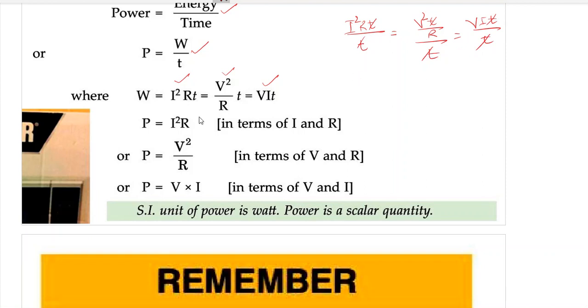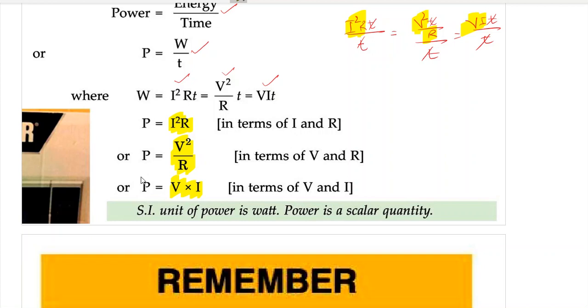So three formulae for power are, the first one is I square R, as we saw here. The second one is V square by R. And the third one is V into I. These are the three formulae for power in context of electricity. There is another definition of power which we have studied in class 9, that is mechanical power, work done upon time taken.